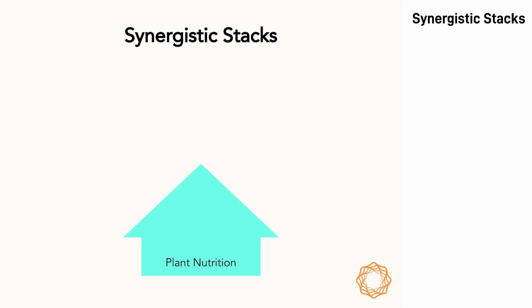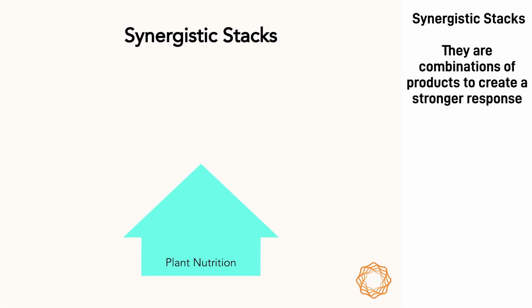Another important aspect when we think about designing and developing foliars is using what we term synergistic stacks, combinations of products and product types to produce an increasingly greater response. So I haven't included any pesticides in this conversation because I want to emphasize the various synergistic aspects of plant nutrients and different compounds.